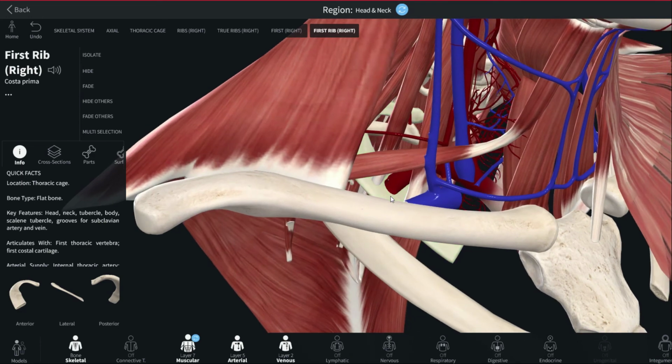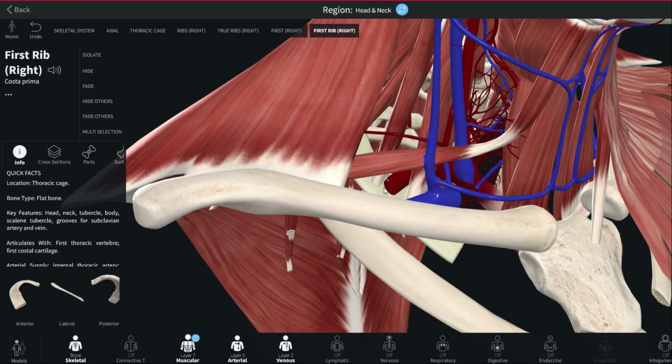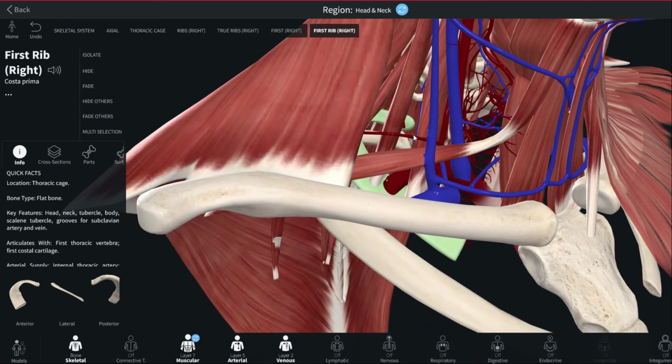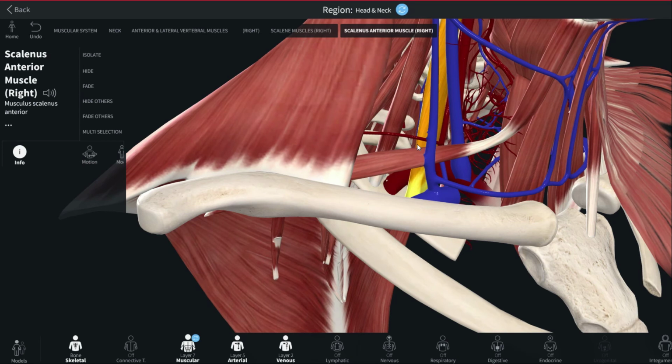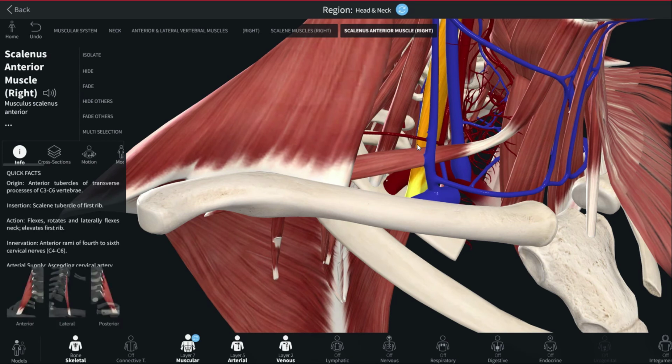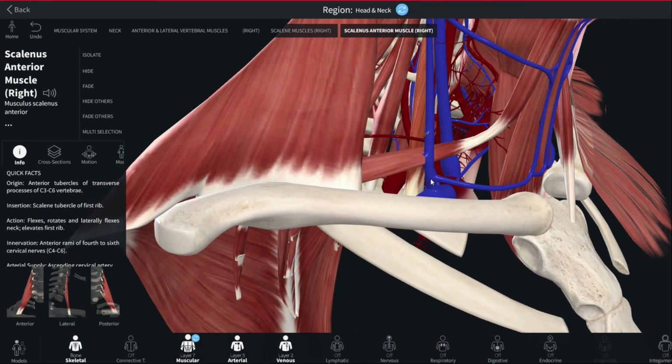So where is the scalenus anterior muscle? This is the scalenus anterior muscle. Very, very important piece of information. Please kindly do remember this. The scalenus anterior muscle is essentially the divider between the subclavian artery and the subclavian vein.